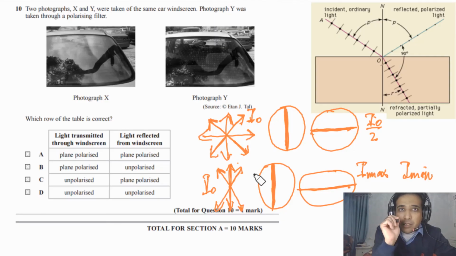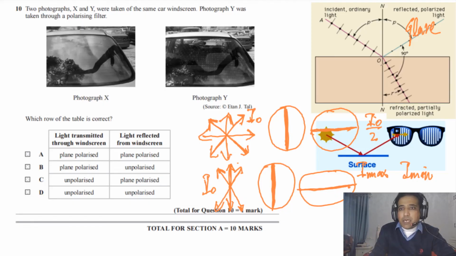Now about polarizing glasses. As this light is horizontally polarized, I hope you will say we have to use vertically polarized glasses so we can avoid glare. So we have to use polarizing glasses with a vertical transmission axis.